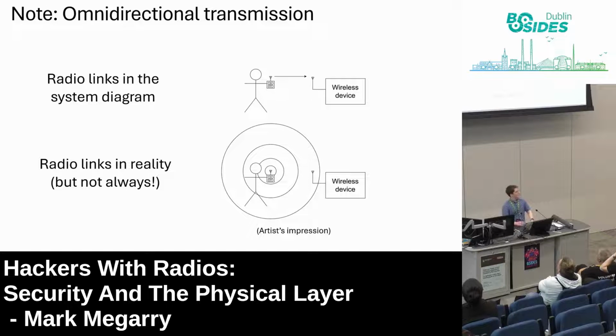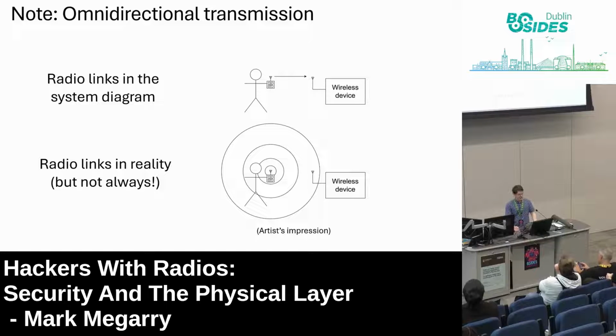So, one of the key issues with wireless communications is we tend to think about comm links in system diagrams like this, like it's a straight line. And yeah, you can transmit radio power in a fairly concentrated focused beam using things like beamforming or directional antennas.